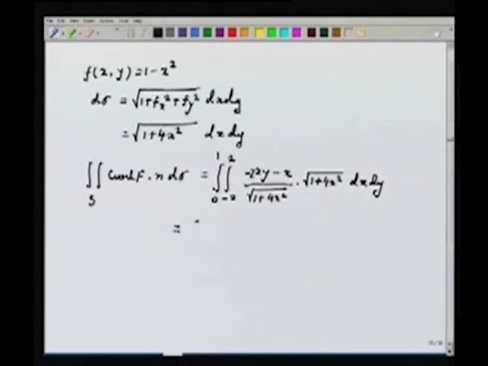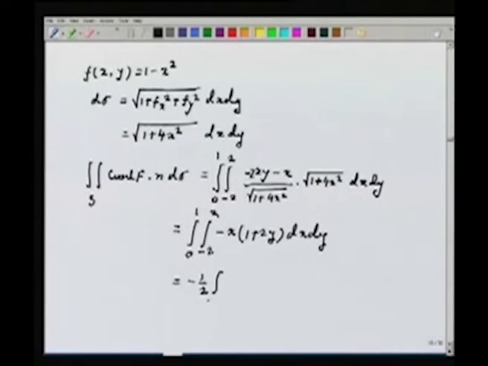So what I get is the integral from 0 to 1, integral from minus 2 to 2, minus x into 1 plus twice y dx dy, which then is minus of, first I do the x integral, that is x square by 2, with limits from 0 to 1, so I get half, then the integral from minus 2 to 2 of 1 plus 2y dy, which is minus half into y plus y square from minus 2 to 2.